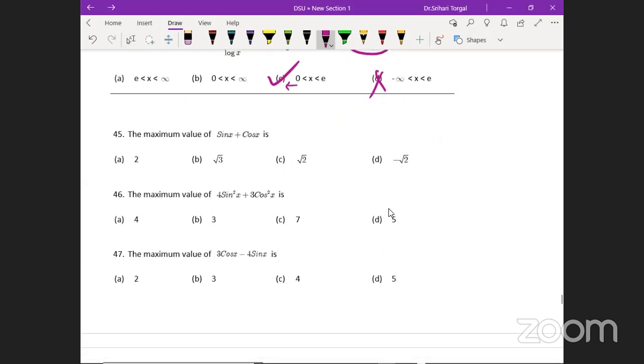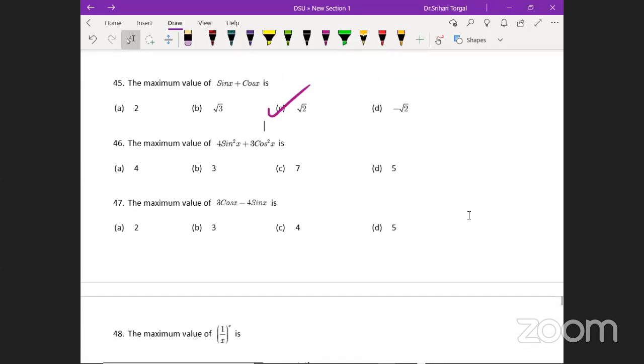Maximum value is root 2, right? 4 sin square x plus 3 cos square x. Yeah, that is what was missed out. Let me tell you how to calculate this. Try to convert this in terms of sin square x.